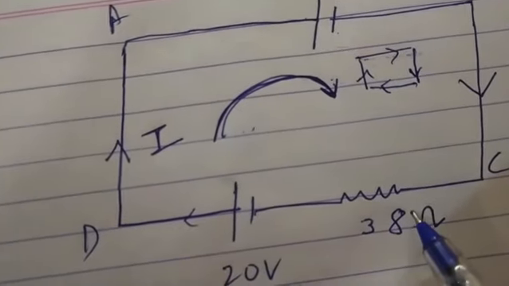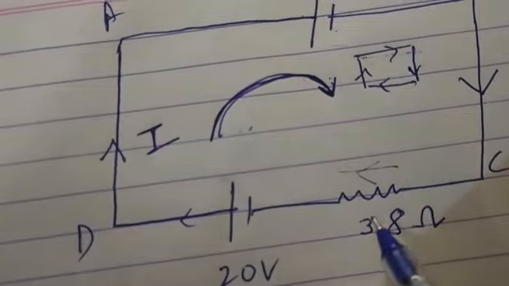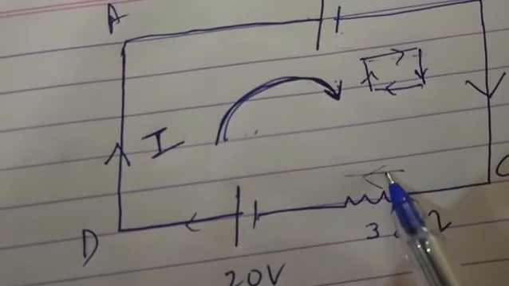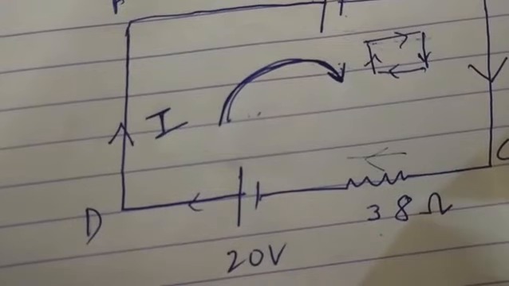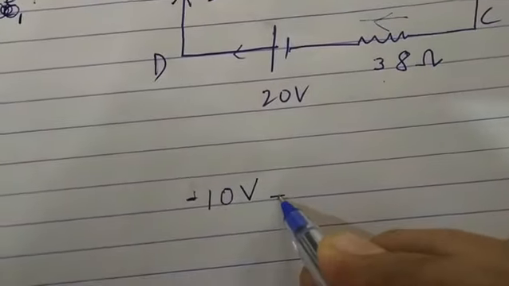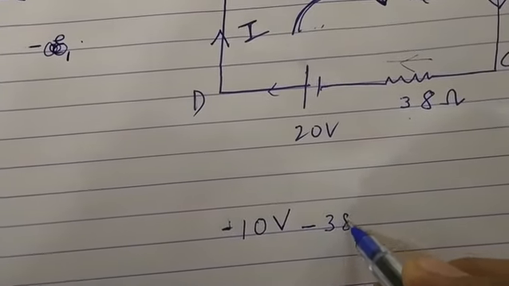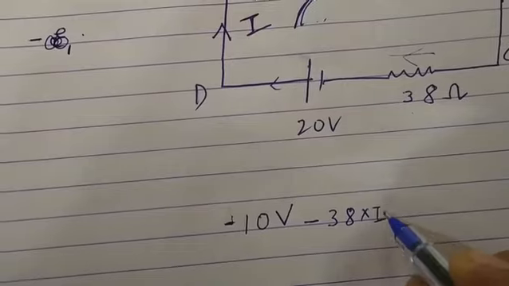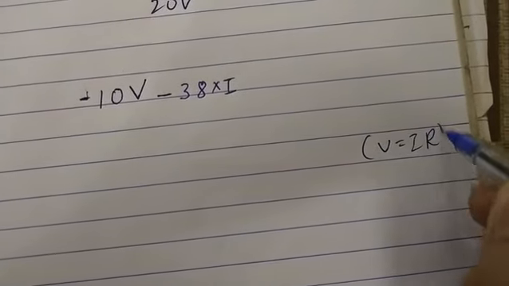In this resistor, the direction of calculation and the direction of current are both the same, so again it will be minus 38 into I, because V is equal to IR.